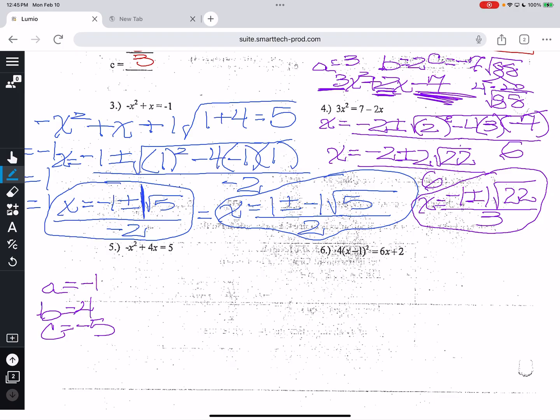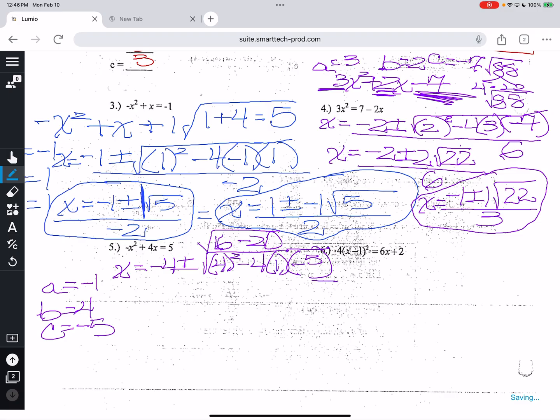So hold on. Let me put this. So we would have x equals -4 plus or minus the square root of 4 squared minus 4 times 1 times -5. That gives us 16 minus 20. Okay?